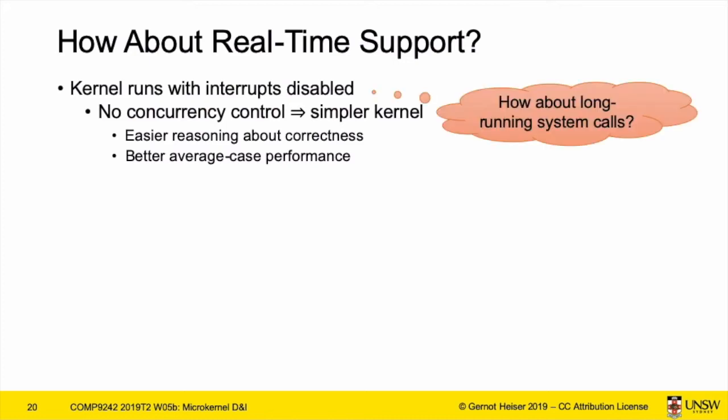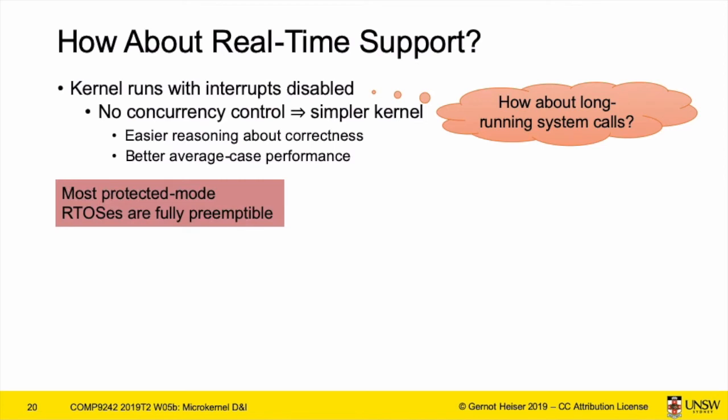So if you look at any sort of commercial protected mode real-time operating systems, of which there are a few around, QNX, Green Hills, Integrity, PikeOS, there's a few, they are inevitably microkernels of sorts. What they typically do is being pretty much fully preemptible.